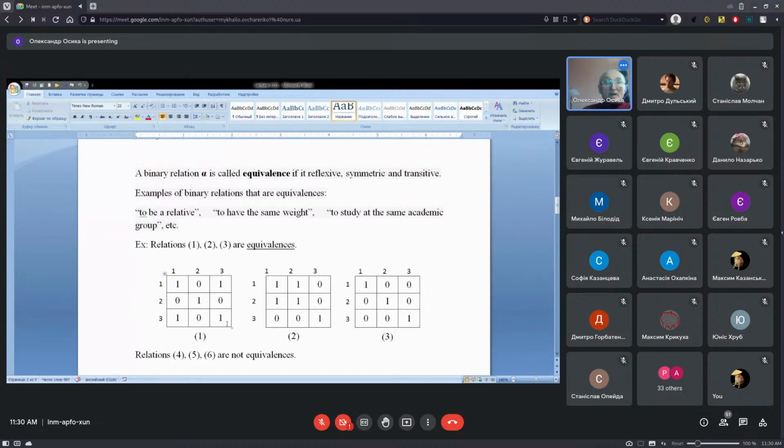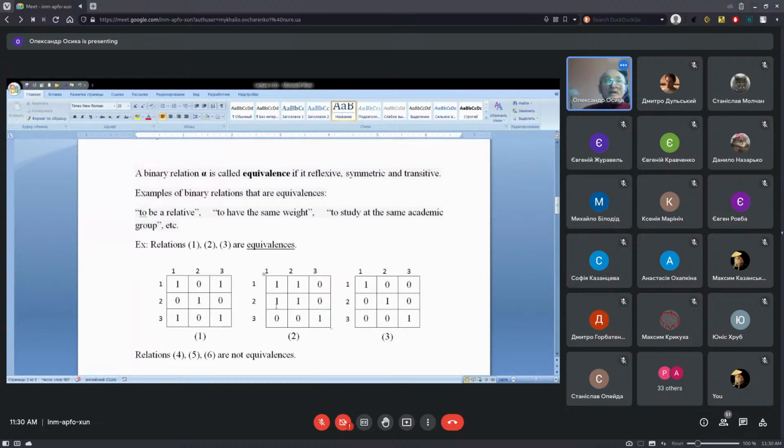These unities on the main diagonal, they also support or represent the property of transitivity. Also here, this is equivalence for the same reason.